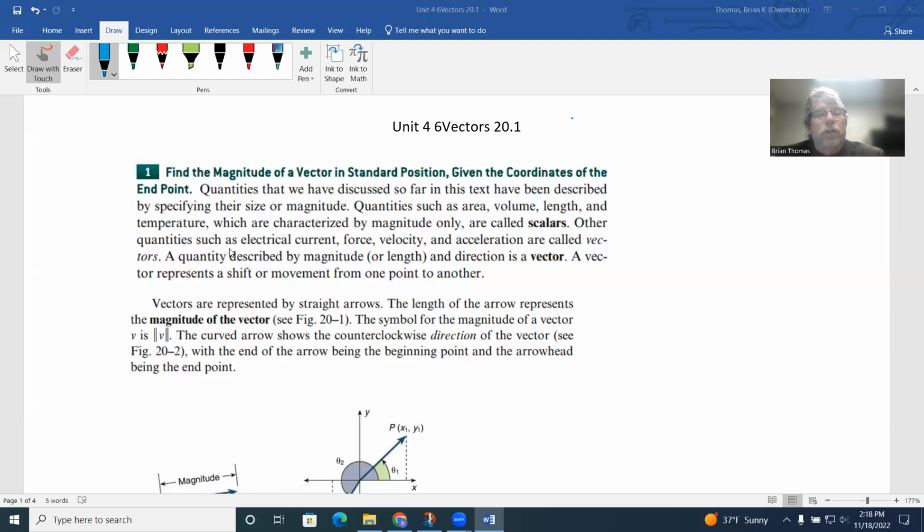Other quantities such as electrical current, force, velocity, and acceleration are called vectors. A quantity described by magnitude, or length, and direction is what we refer to as a vector. So a vector has two things going on: it's going to have magnitude and it's going to have direction.